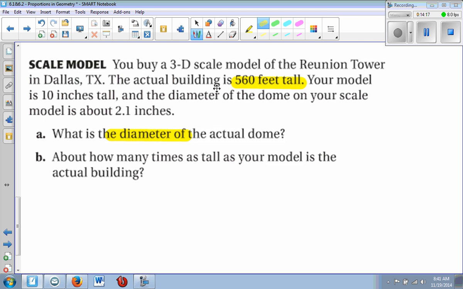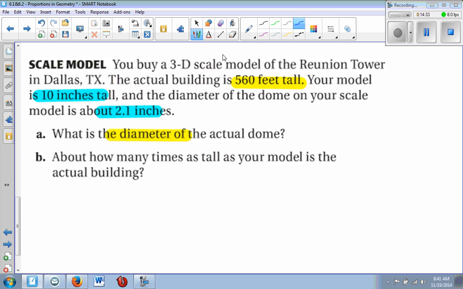We also are told that your scale drawing is 10 inches tall and the dome on that scale is 2.1 inches. So what I've done is I've highlighted the things in the different colors that we're going to put together into the proportion.